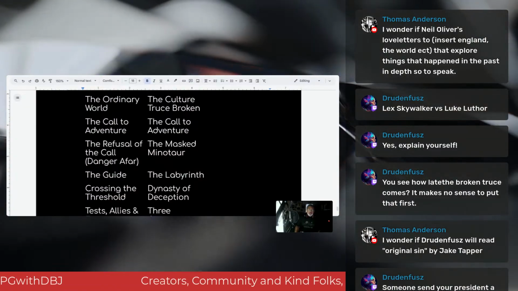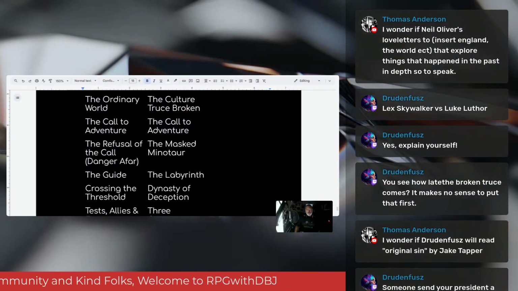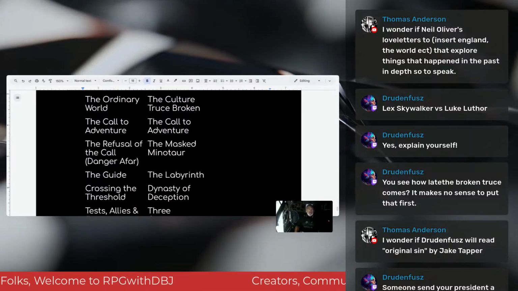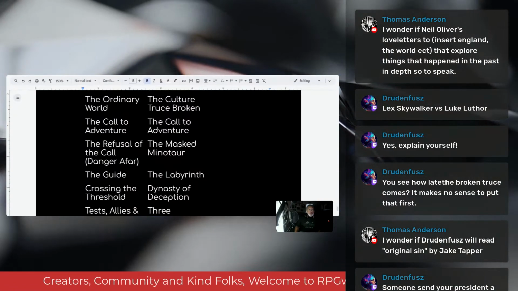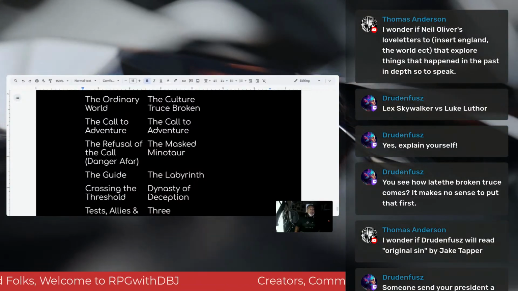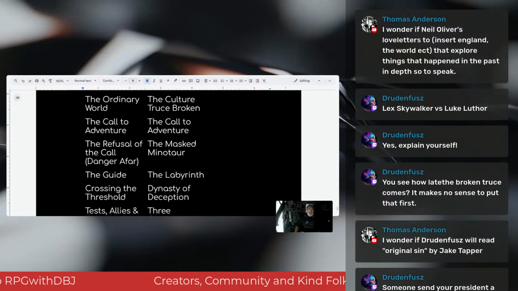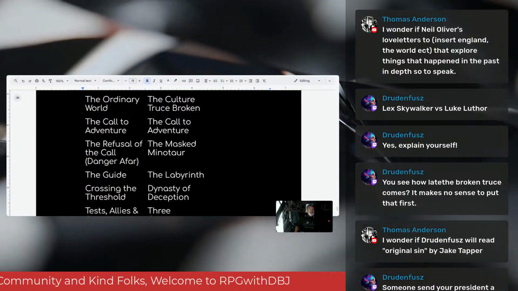They came from humble beginnings. Maybe they were a hermit, or they came from an orphanage, or they're a street urchin, or they're a sailor, or whatever. What is the thing that causes them to be pulled into the adventure? Is it money? Is it glory? Is it a threat to their home culture? That's where they get the call to adventure.